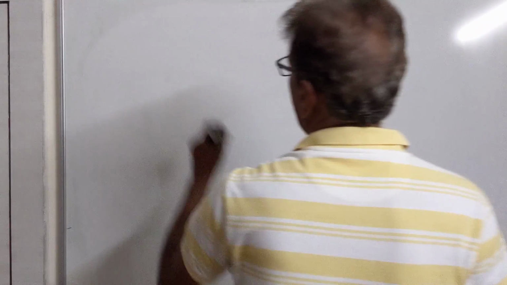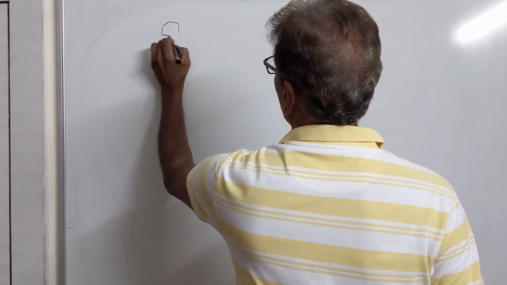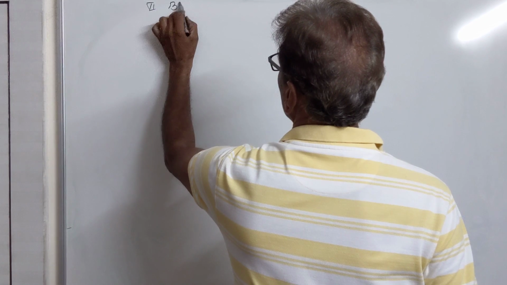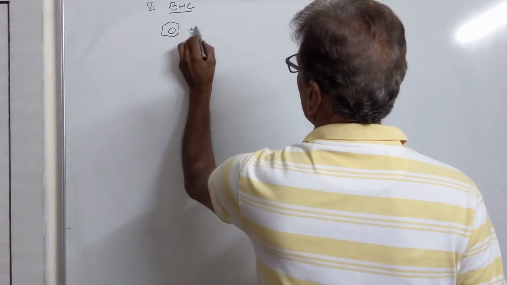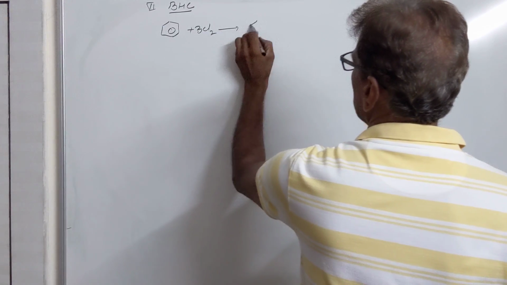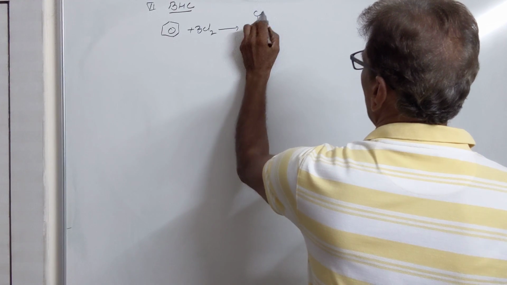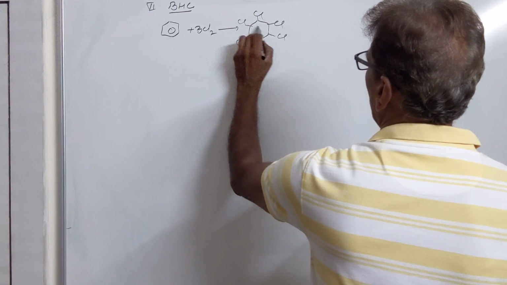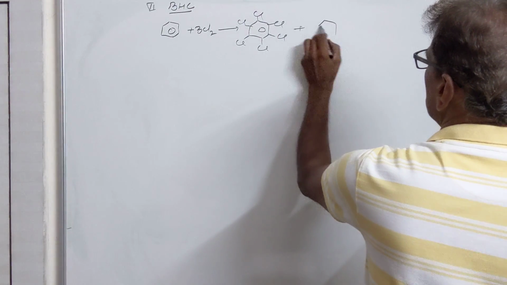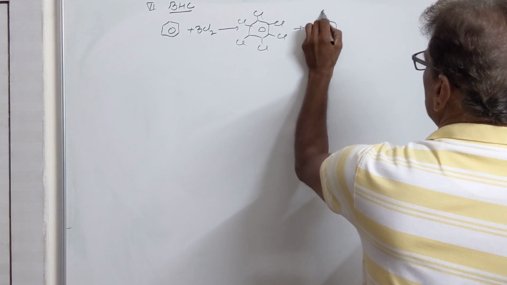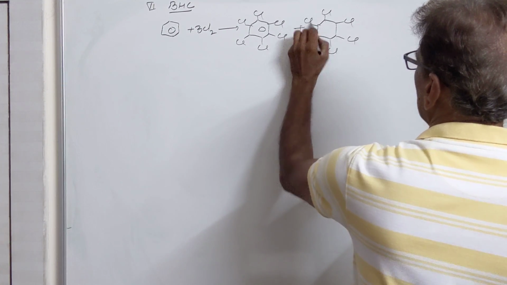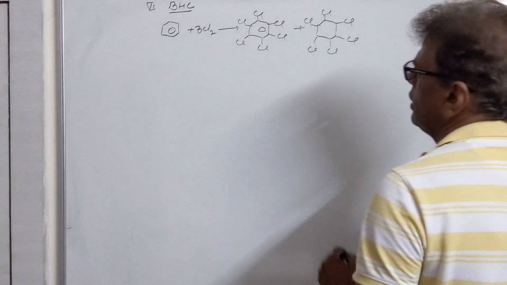So when we take benzene treated with 3Cl2, we get a mixture of both, those having 6 halogens in the ring.